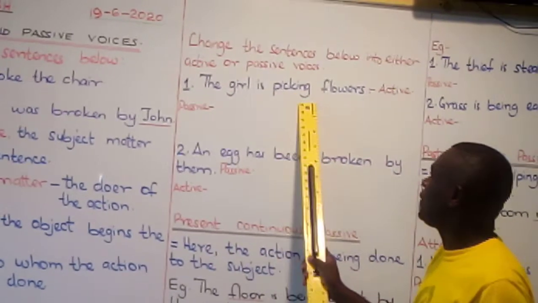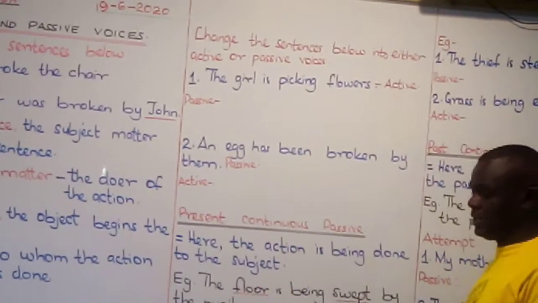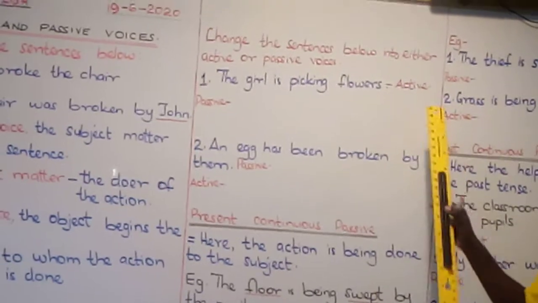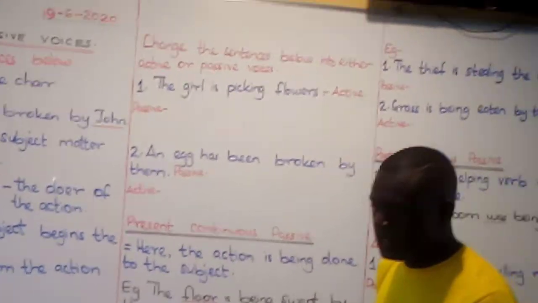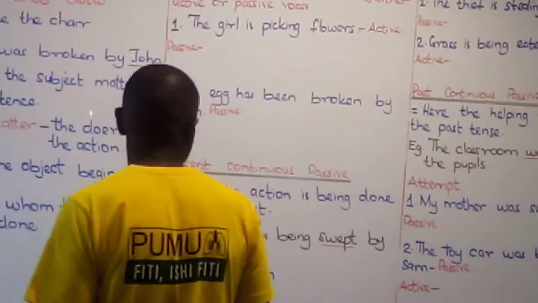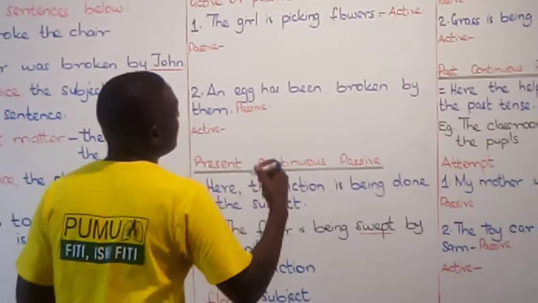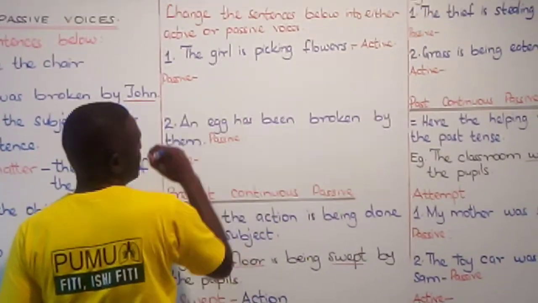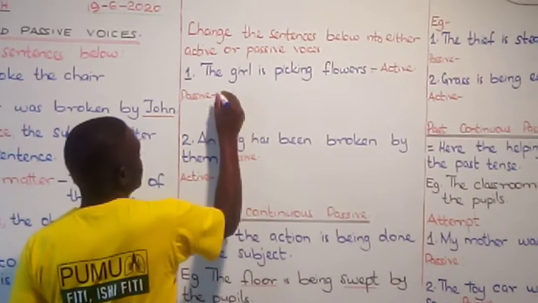The girl is picking flowers. That sentence is in active voice. Shall we try to change it into passive voice? The object of the action now becomes the subject matter.